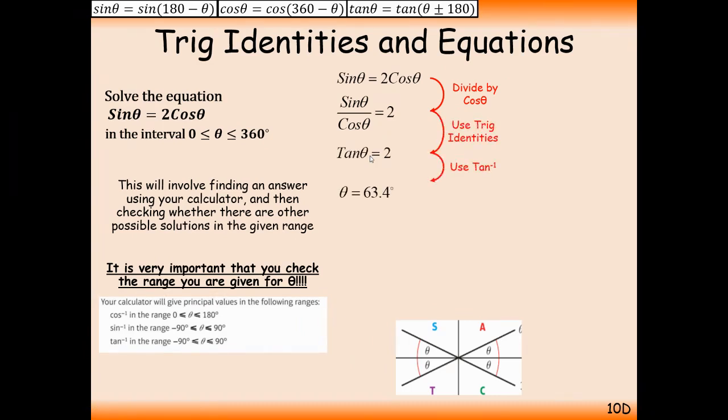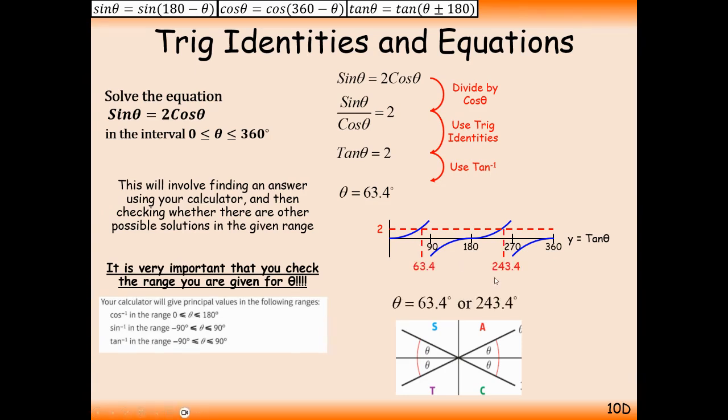We're going to take tan inverse of 2, and to find the equivalent angle for this tan, we simply add 180 to that value. Okay, so that would give us 243. We just added 180 to the first principal value.